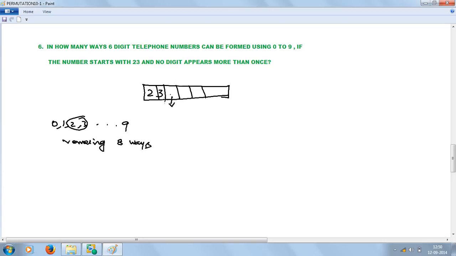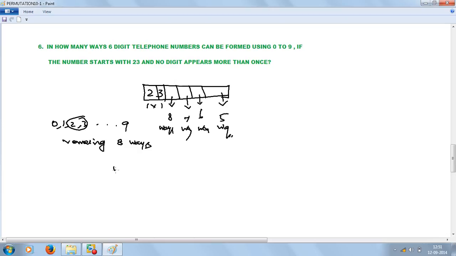Here, the third column we can write in 8 ways. So the same formula like last time. The fourth column we can write in 7 ways. Fifth column we can write in 6 ways. Sixth column we can write in 5 ways. So these first two are fixed, 1 and 1.